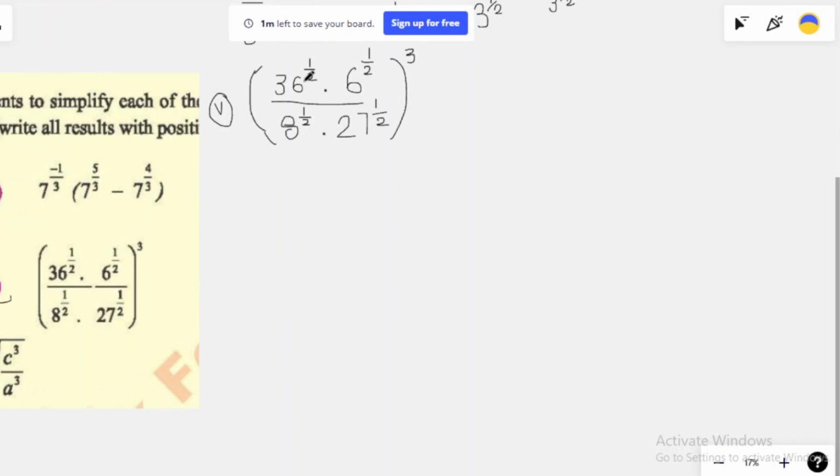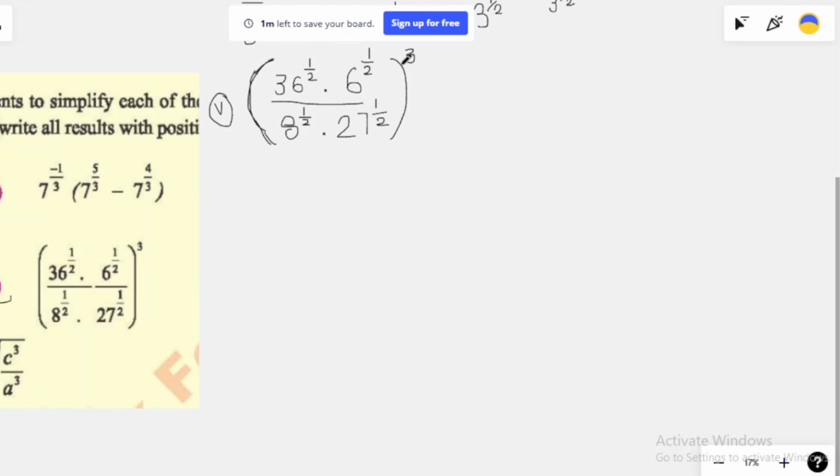Now we have 36 raised to the power 1 by 2 times 6 raised to the power 1 by 2, and this whole thing is being divided by 8 raised to the power 1 by 2 times 27 raised to the power 1 by 2, and this whole thing is raised to the power 3.